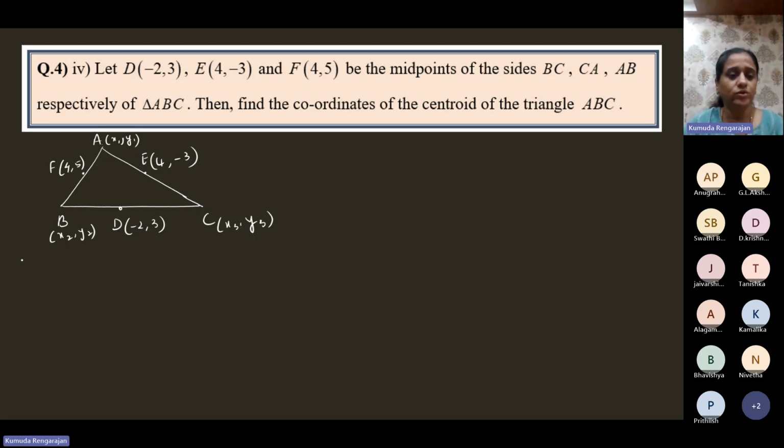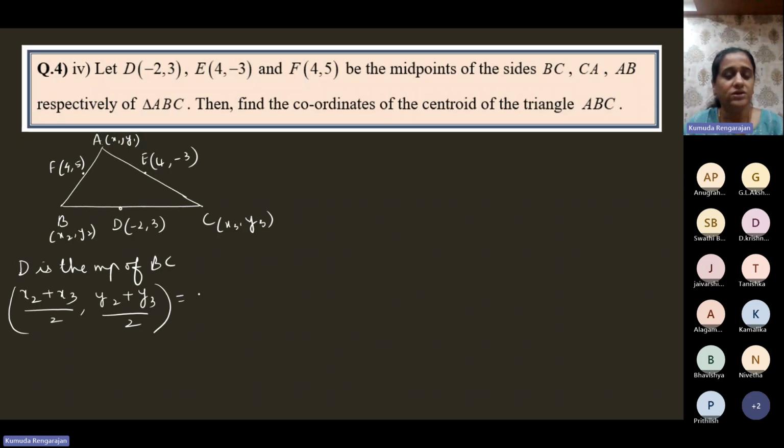So D is the midpoint of BC. So by the midpoint formula, (X2 plus X3) by 2, comma, (Y2 plus Y3) by 2 is equal to (-2, 3).